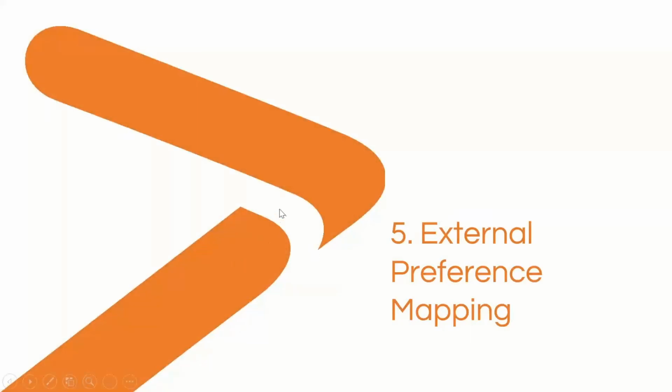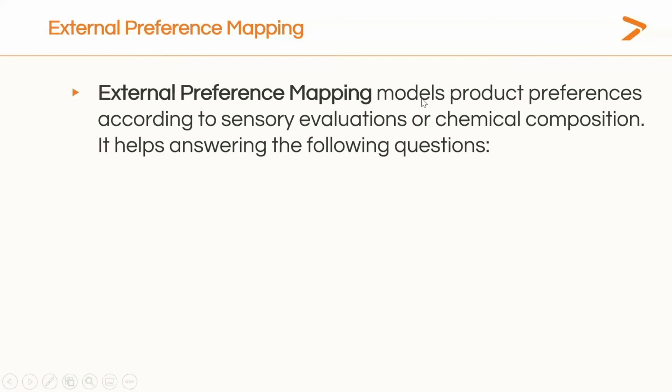I will start with external preference mapping, which models product preferences according to sensory evaluations or even chemical composition. So you're not necessarily obliged to model preference according to sensory attributes. You can also model preference according to other characteristics of your product.